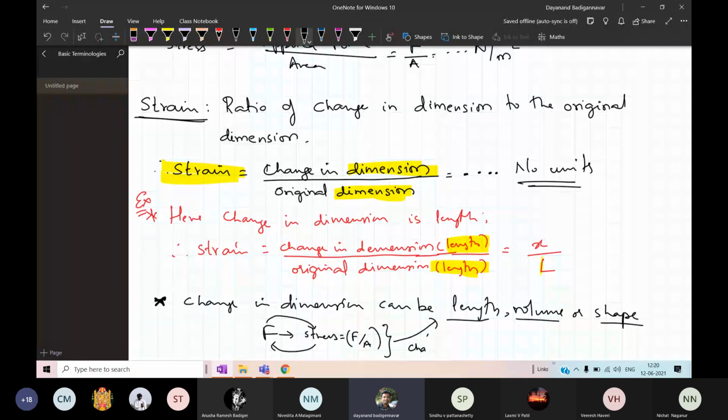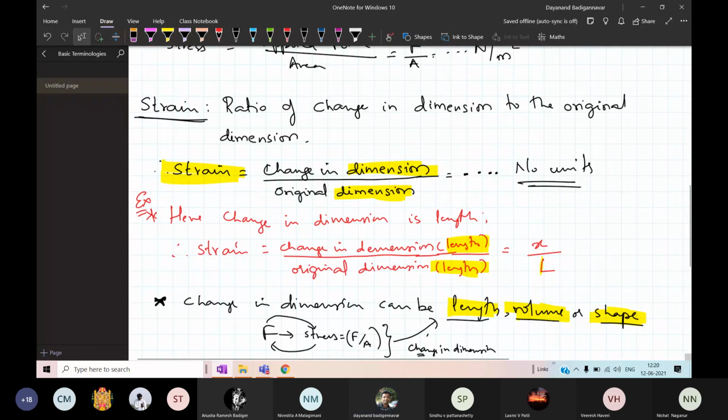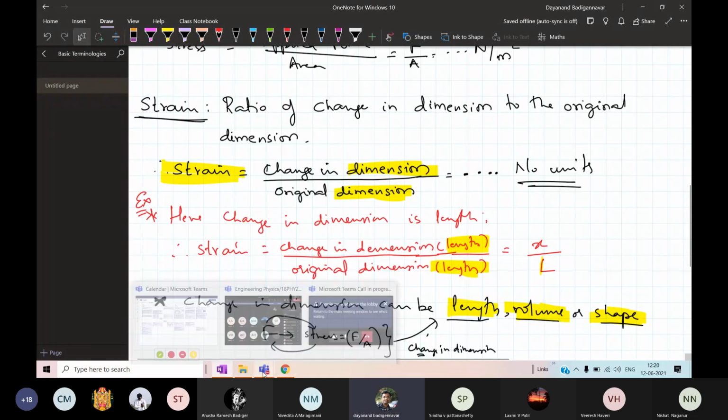Once the dimension changes, there are three possibilities: the length may change, the volume may change, and the shape of the material may change. Length, volume, or shape. So this is the meaning of strain.